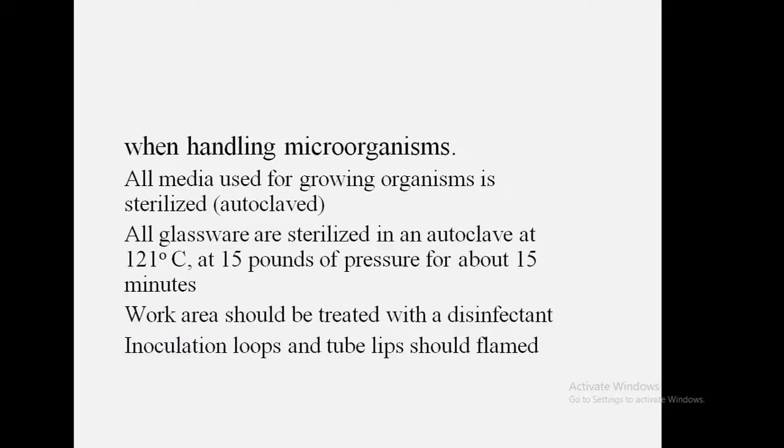The specification is 121 degrees Celsius at 15 pounds pressure for about 15 minutes. The work area should be treated with disinfectant, and the inoculation loop and the tube limbs should be flamed.